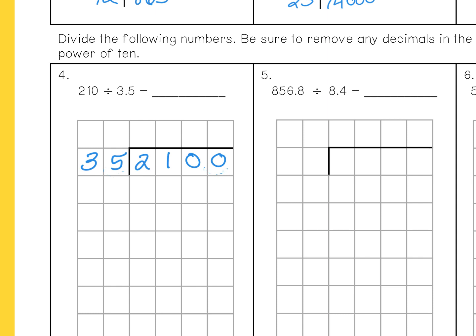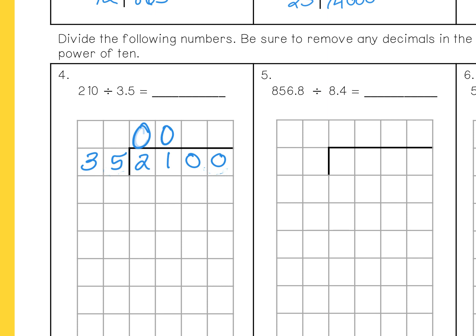I'm going to put a 0 up here, showing that 35 cannot go into 2. Then I'm going to move on to 21. 35 can't go into 21 because 21 is still smaller than 35, so I'm going to put another 0 up top in my quotient. Now I'm going to ask myself if 35 can go into 210.